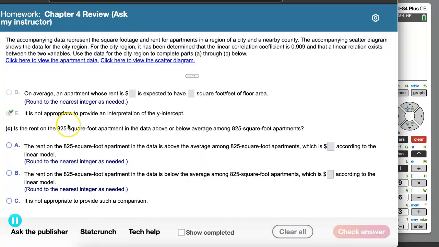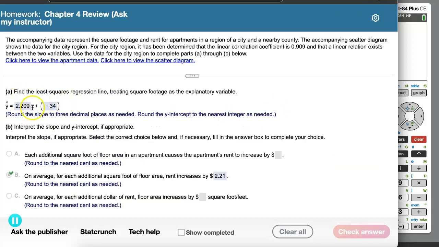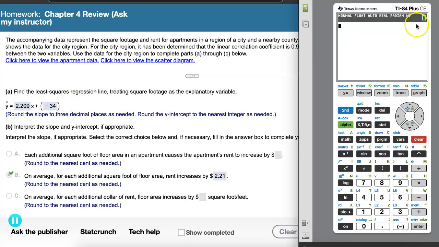And for this last example, we're asked, what's the rent on an 825 square foot apartment, and to compare it with the data. So here I'm going to use my calculator and my original linear regression equation that we just found.